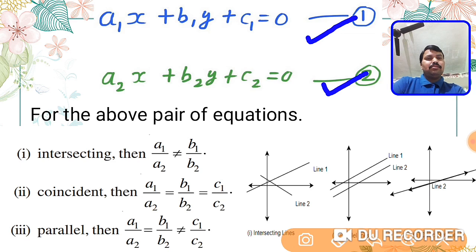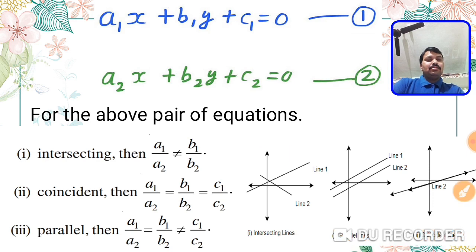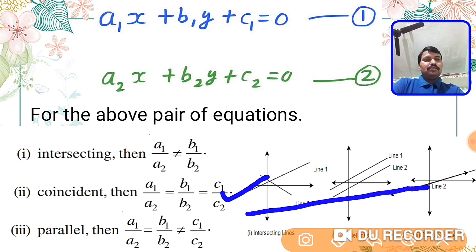If a1 upon a2 is not equal to b1 upon b2, the pair of lines will be intersecting. And if a1 upon a2 is equal to b1 upon b2 is equal to c1 upon c2, meaning the ratio of constants is also equal to the ratio of coefficients, the pair will be coincident.